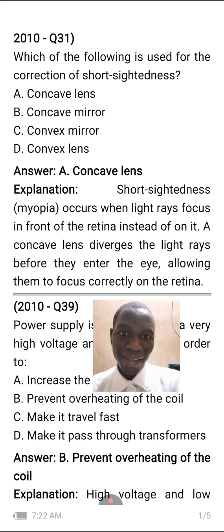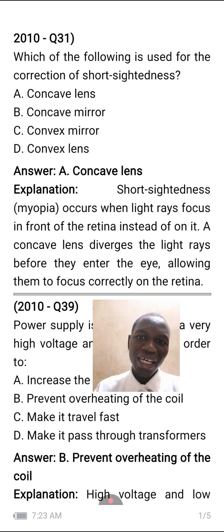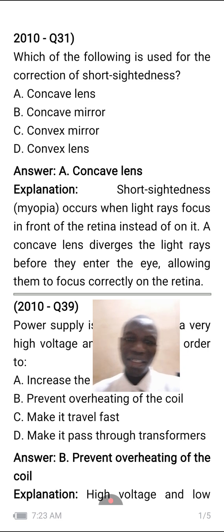Are we getting it now? All right. So we have convex. Don't forget convex converge. Concave diverge. Converge means bring light together, while concave diverges.